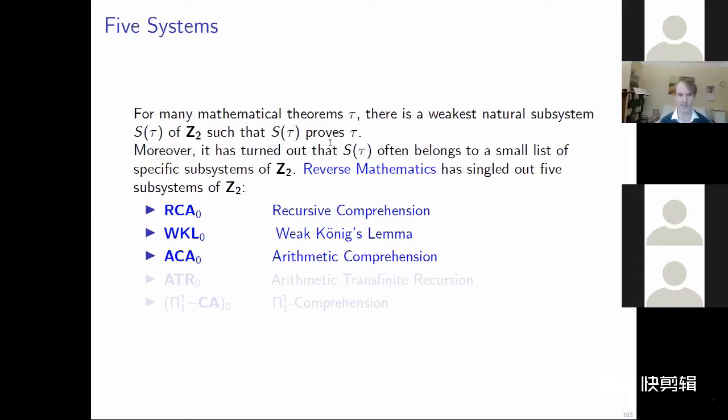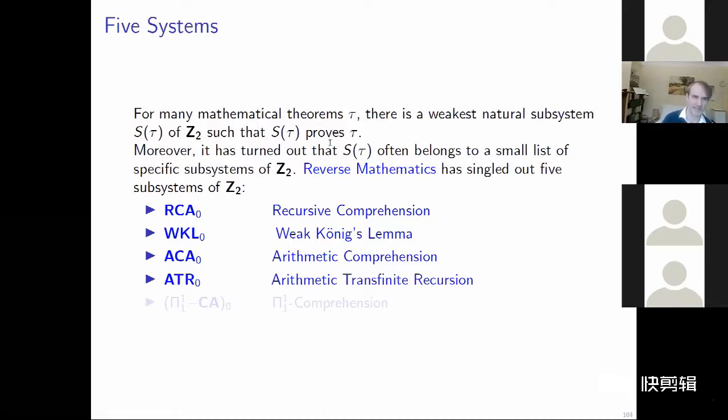The third level is what's called arithmetic comprehension, where you can use comprehension just for formulas P. So the collection of all natural numbers n such that Pn is a set if Pn is defined by a formula in which only number quantifiers appear. There can be second order variables, but no second order quantifiers.